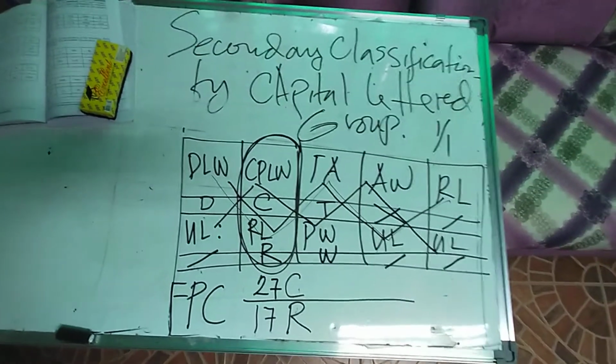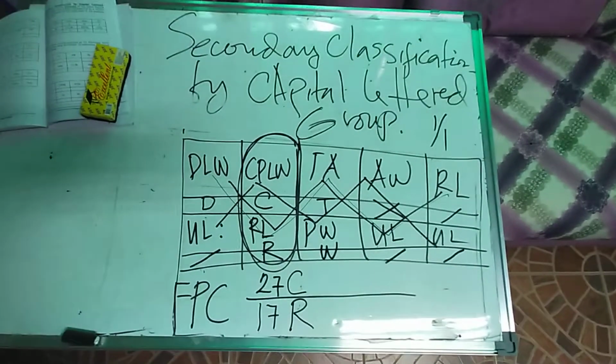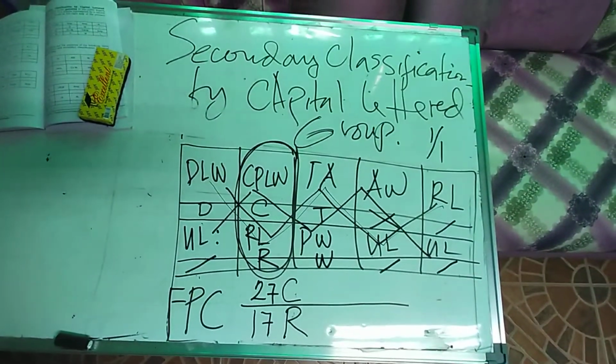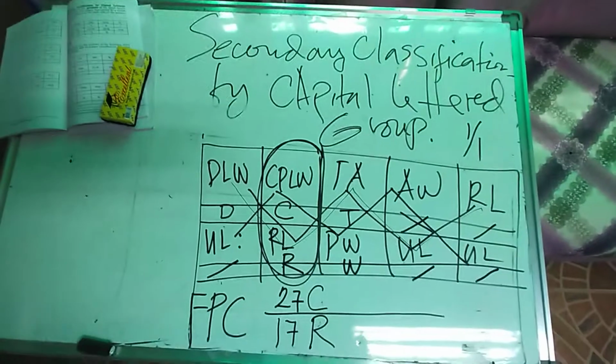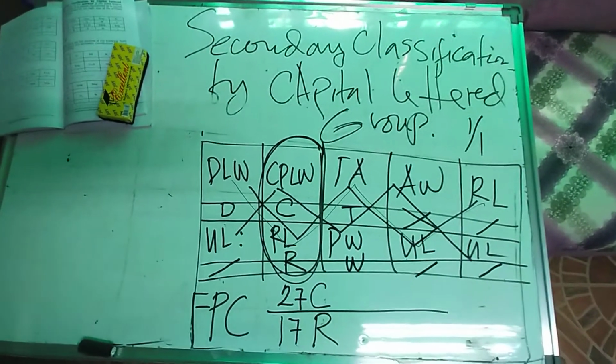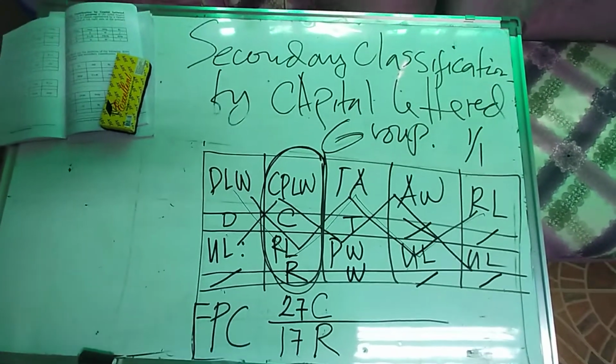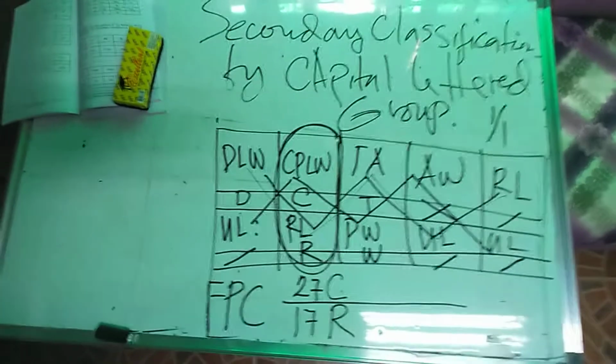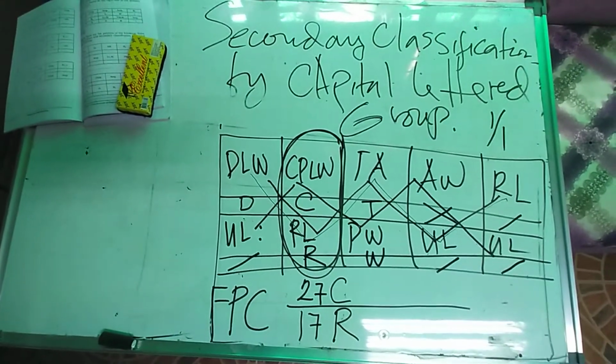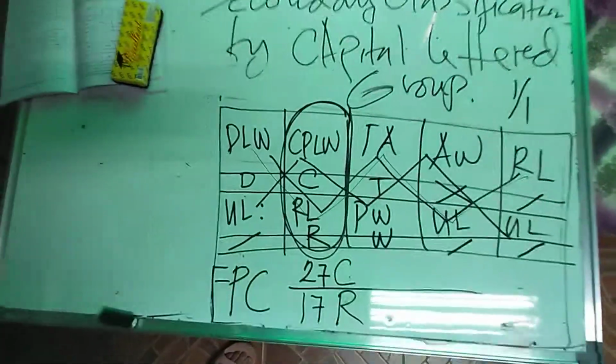Okay, next, we will soon discuss secondary classification by small letter group next meeting again. So I will just check if you really understand this one. I will be giving another activity regarding secondary classification by capital letter group. Please, ladies and gentlemen, do not cheat.